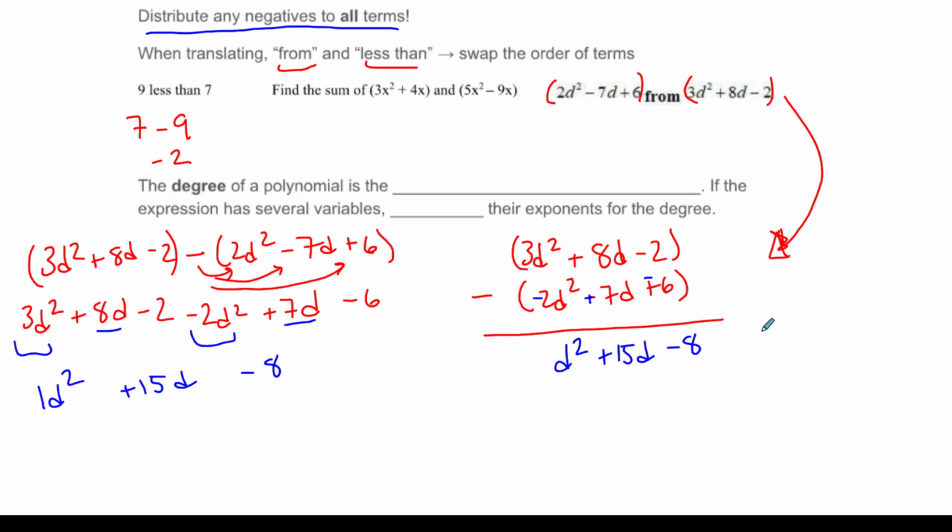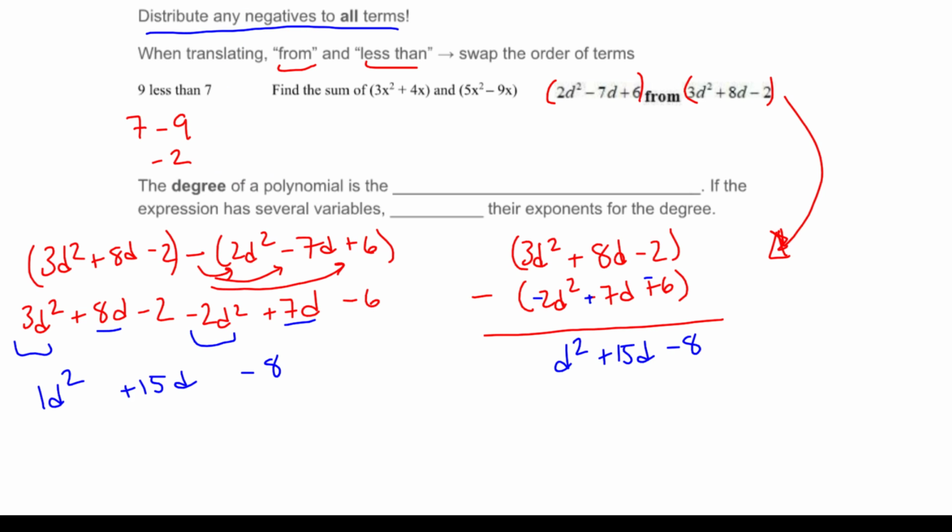So either way you do it, vertical or horizontal, gets you there. Right? You can try this one on your own. All we would do is put a plus sign in between them, take away the parentheses, combine like terms.